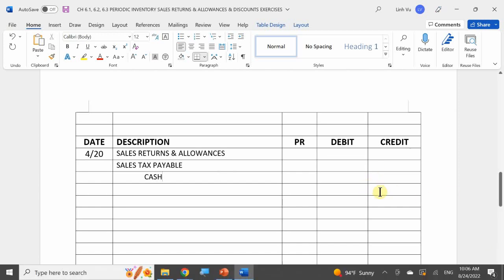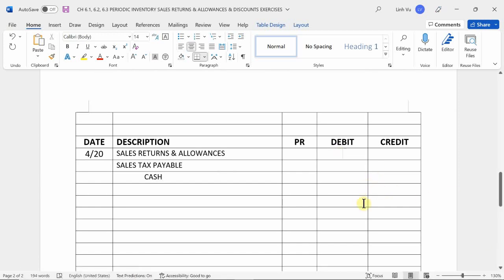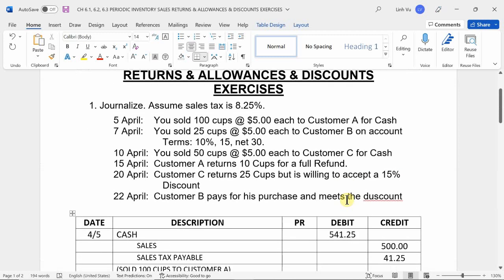Okay. So in this case, I am refunding, right? They want 25 of those cups to be returned, but in this time they don't want a full refund. They are willing to accept a 15% discount. Or in this case, we can't give them a full refund. We can only offer them a 15% discount. So how do I figure out this total amount here?